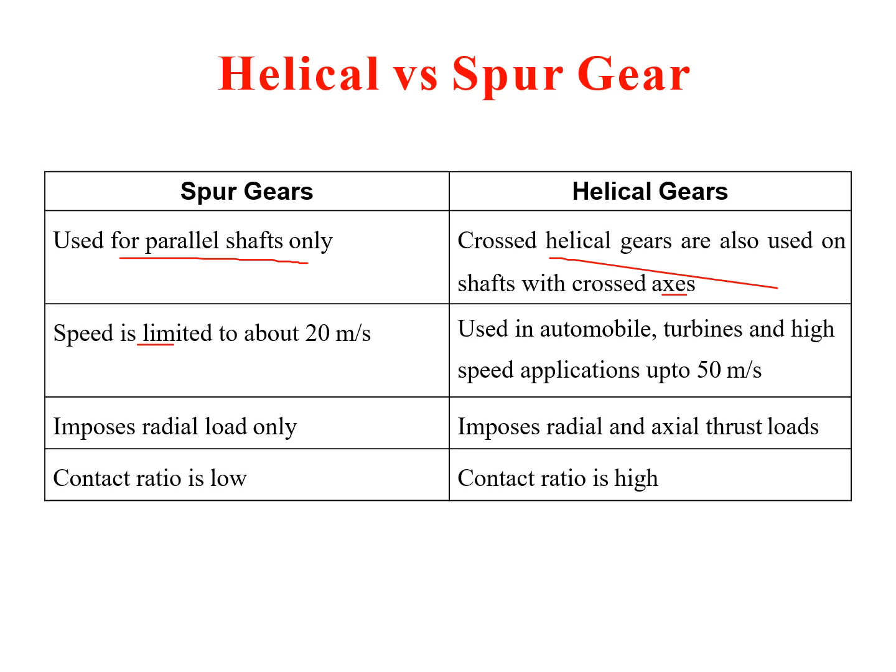Spur gear is limited to lower speeds, whereas helical gears are used in high speed applications like automobile turbines. In case of spur gear only radial load is seen, whereas in helical gear radial as well as axial thrust loads are seen. In case of spur gear the contact ratio is low, and here the contact ratio is high.